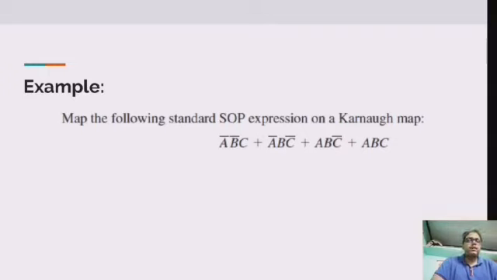When a number of product terms are summed together, we get a standard SOP form, and the standard SOP form will have all the variables available in all the terms. So this is an expression which is in standard form. We have to map these product terms into a K-map.